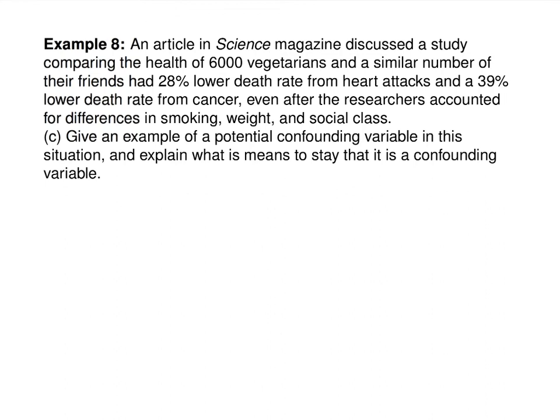So give an example of a potential confounding variable in this situation and explain what it means to say that it's confounding. So the amount of exercise. We could have sugar consumption, vegetable consumption.